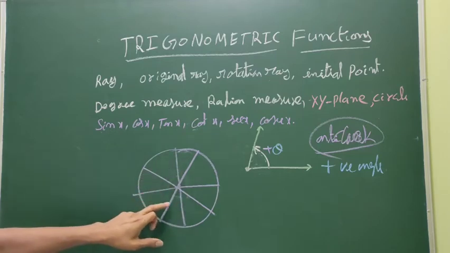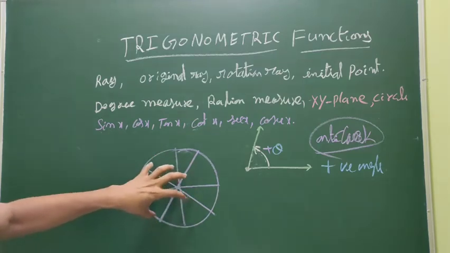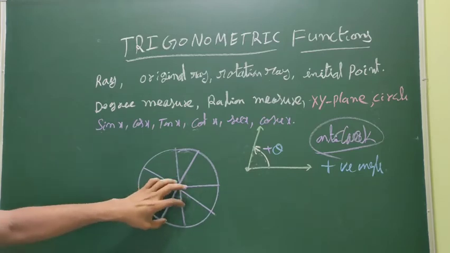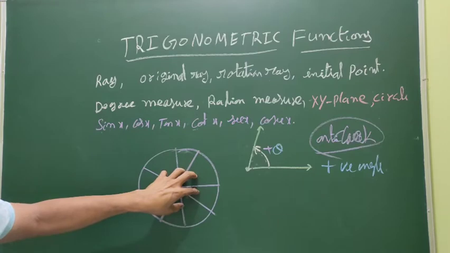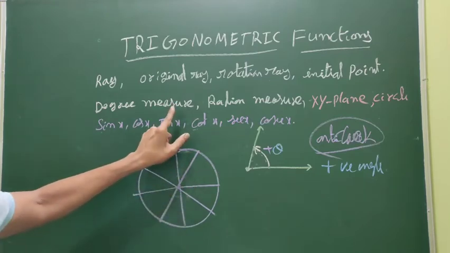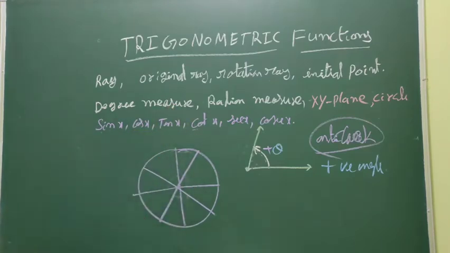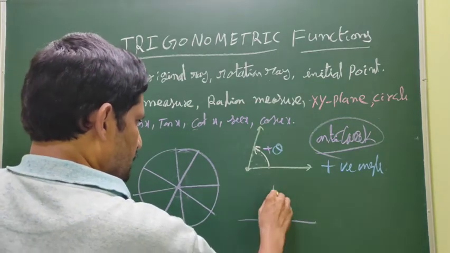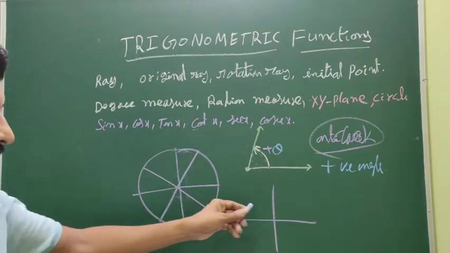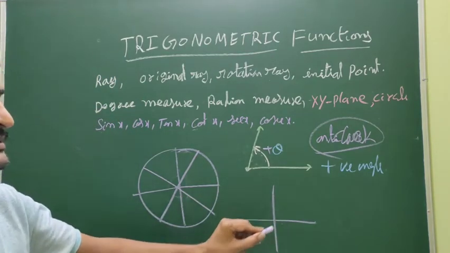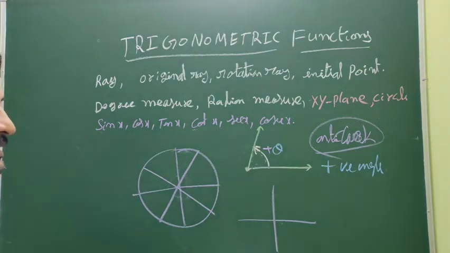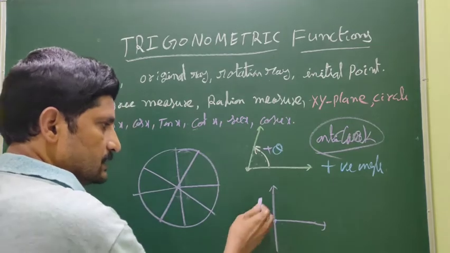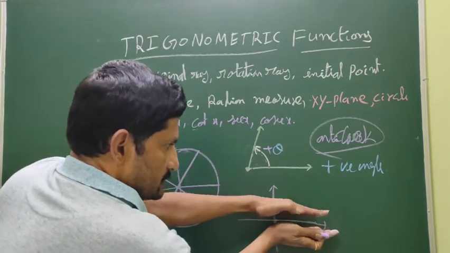Then 45, 45, 45 degrees. Like this are the degrees, the degree measure. Degree measure is the total measure in the circle, 360 degrees. Already you know this one. Now see here, what is the angle between these two lines? Lines means the initial point, one ray and another ray.